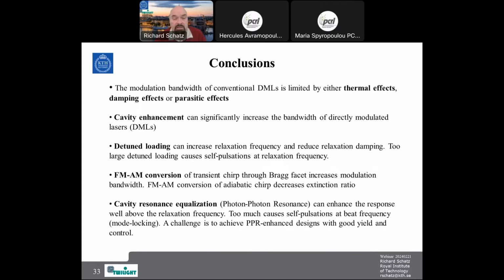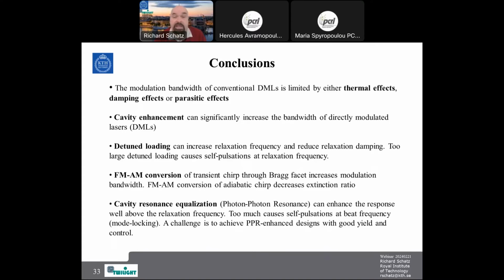So yes, it's not ready for commercial applications, I would say, even though it's possible. It's shown it's possible to get very high bandwidths. And in fact, there may be possibilities to make this more stable, and so you can utilize it, but you need different designs.